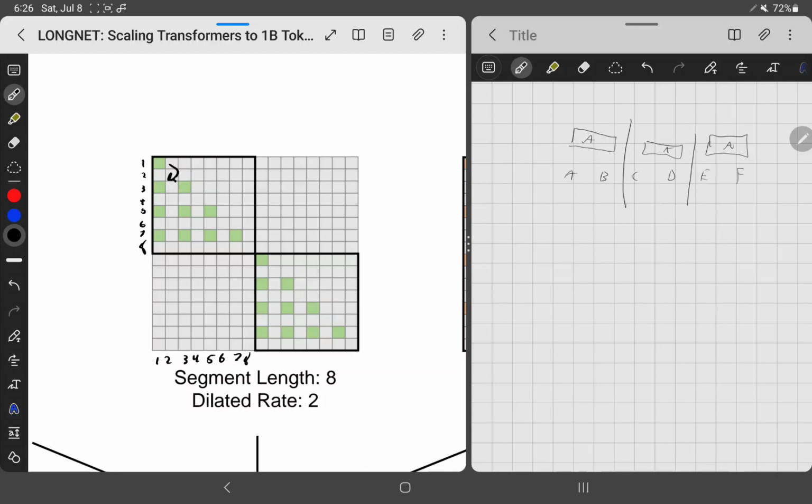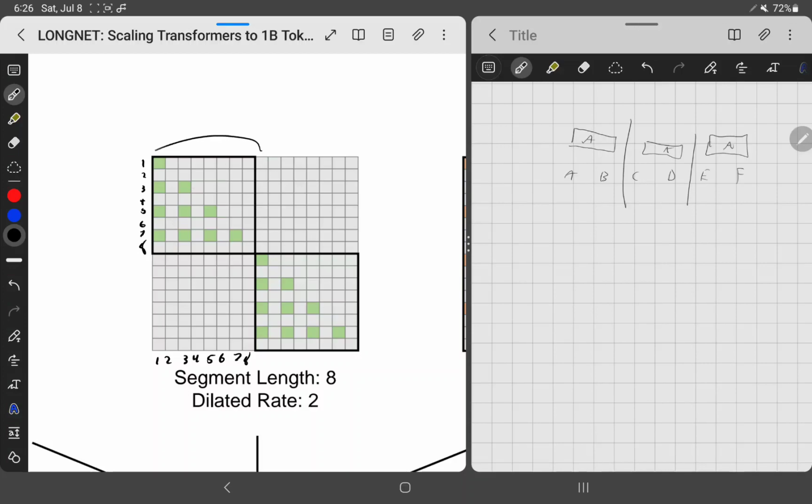We skip over token 2 because we have a dilation rate of 2, so we're basically skipping over one token. Now token 3 has token 1 attend to it, but token 2 is missing. We skip token 4 because of the dilation rate of 2. Now token 1 and token 3 attend to token 5, and so on.